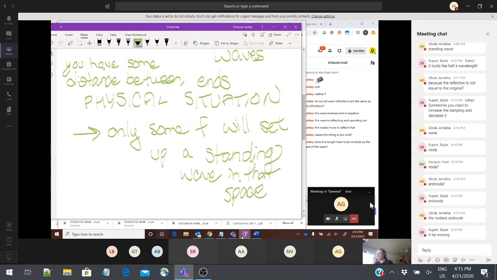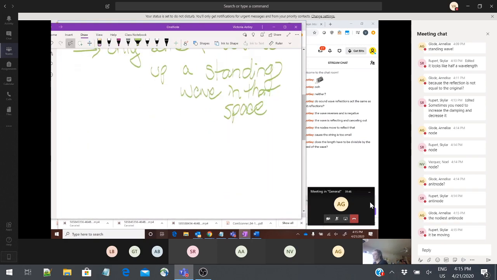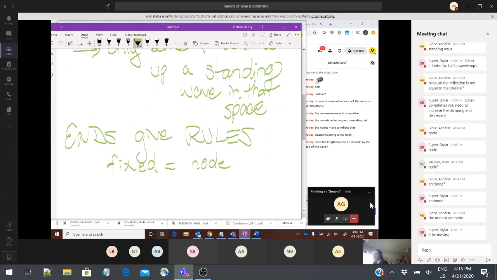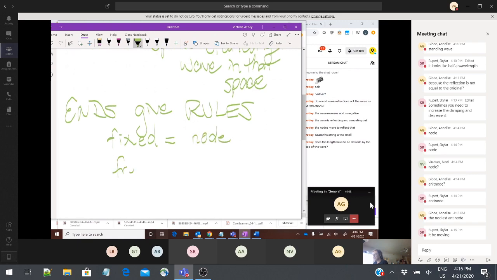So basically, the ends give you rules. A fixed end means it has to be a node. A free end has to be an antinode.